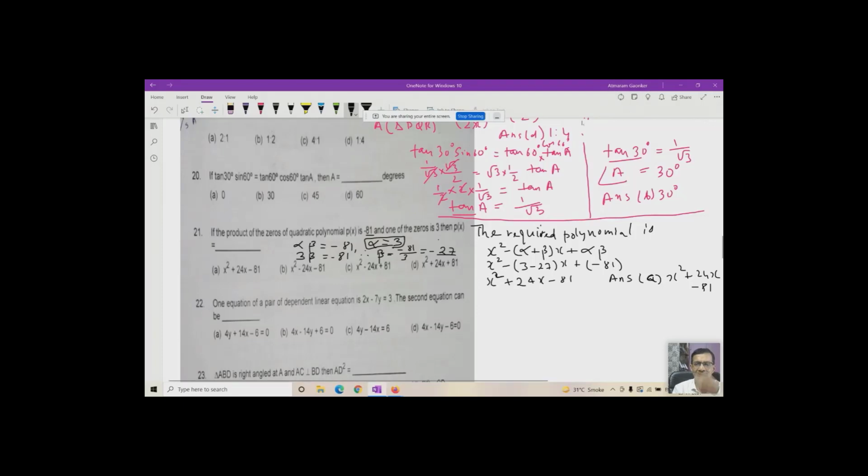Is there any question up to now? If you have got any question in solving this, please ask.